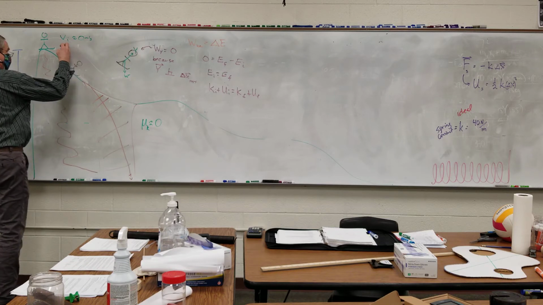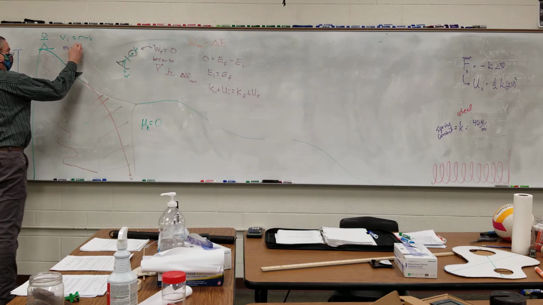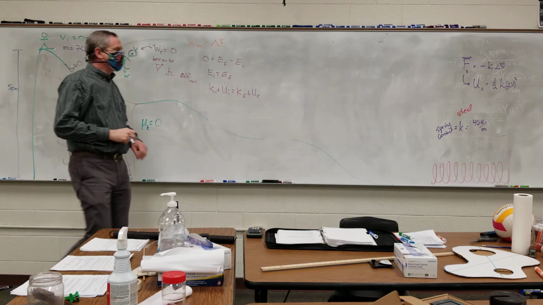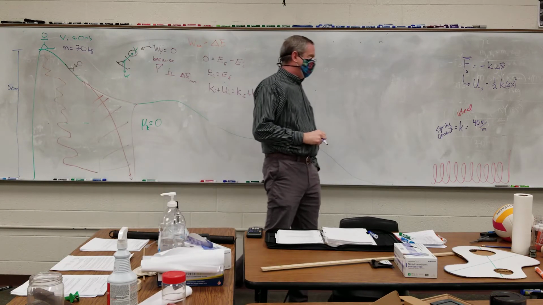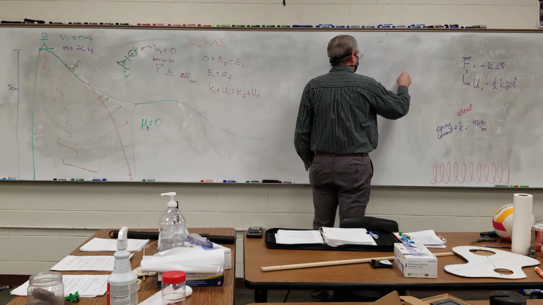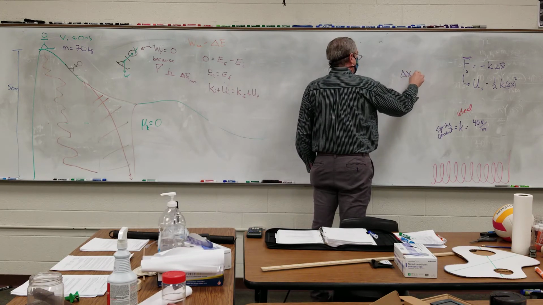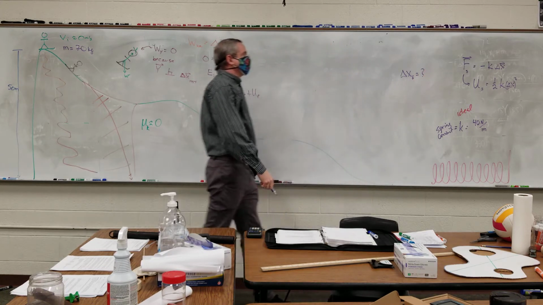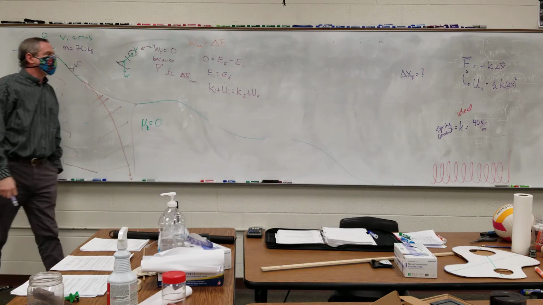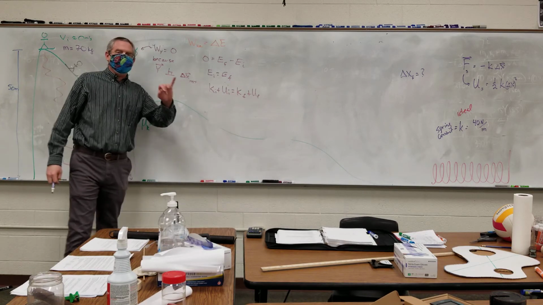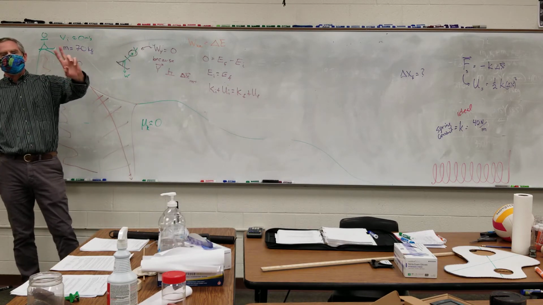And I do need to give you a mass. We'll give him a mass of 70 kilograms. So the question is, how much will the spring compress? So we now have two conservative forces involved in this problem.